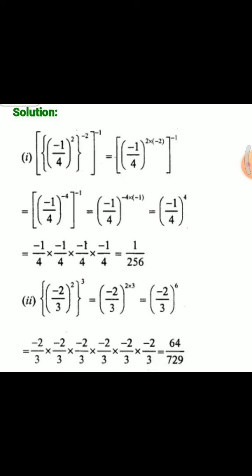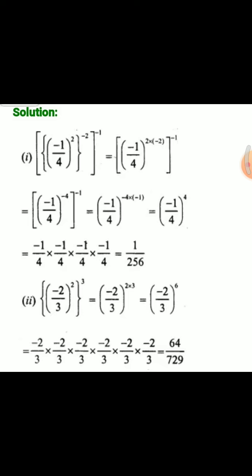Now question number 10. Simplify. You see the question here. After that the answer is here. Big brackets, after that curly brackets, after that small brackets, minus 1 by 4 power 2, curly bracket closed, and power minus 2, and big brackets power minus 1.